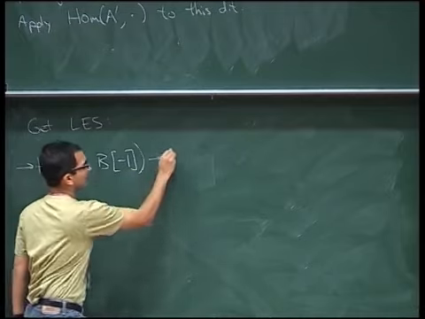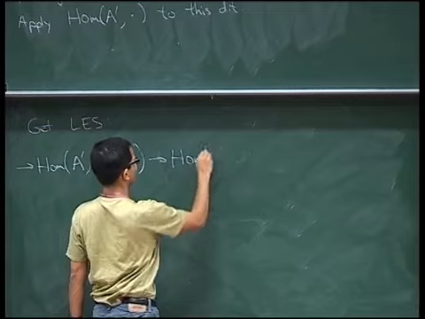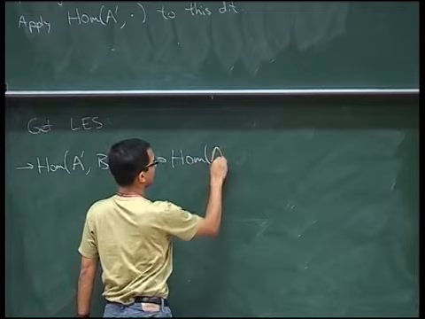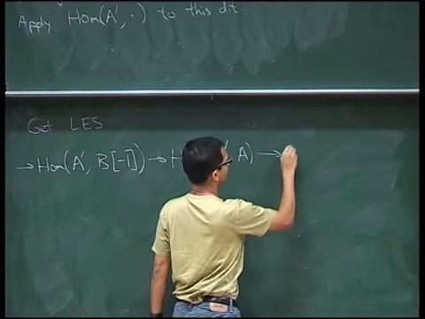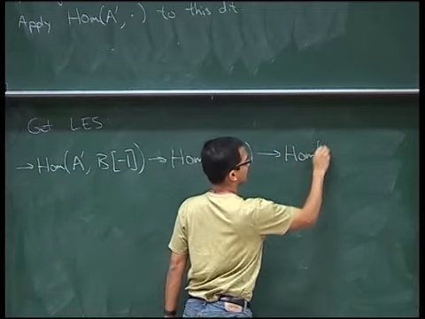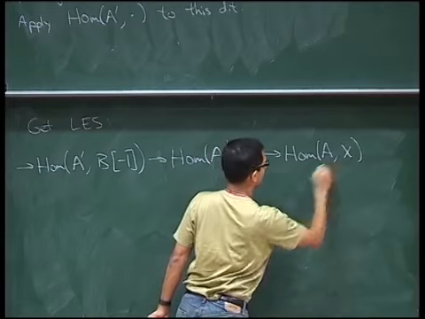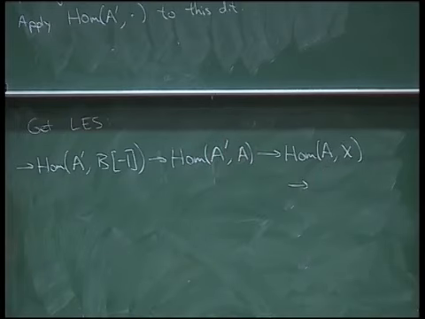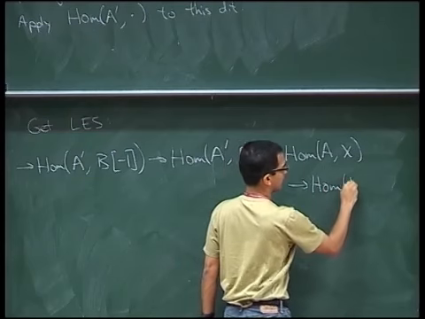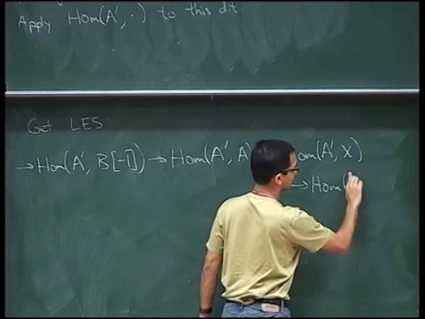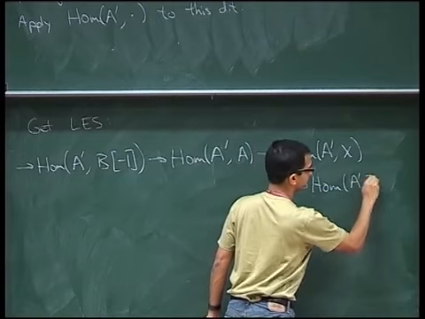Maybe I'll write down the later terms also. Next is Hom(A prime, A), then Hom(A prime, X), and then the next term in the distinguished triangle, which is Hom(A prime, B).